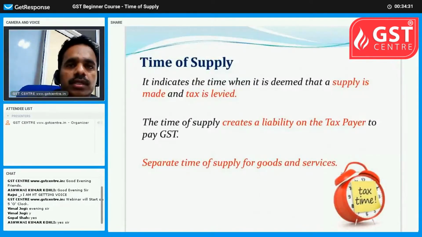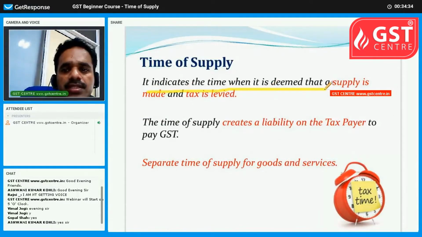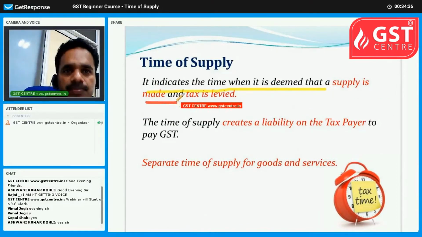As we know, the term supply is used in the goods and services tax law for determining the tax liability. So, the time of supply indicates the time when it is deemed that a supply is made and tax is levied. That is, at the time of supply, the taxable person is liable to pay GST.